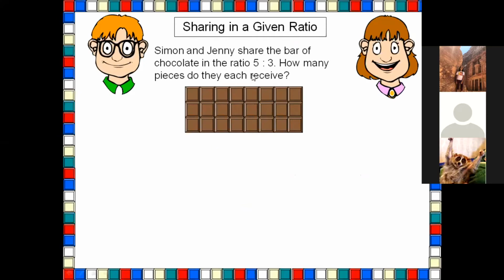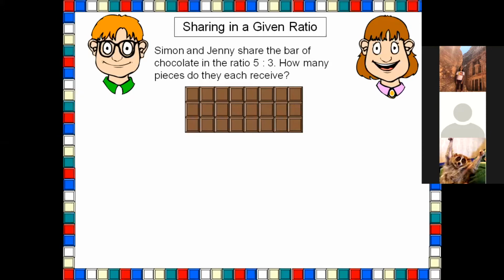Where did that ratio come from? Sometimes it's related to their ages, sometimes it's related to how much they pay for the bar of chocolate. It doesn't matter where it comes from if you already have it in the question. So here we have it, 5 to 3, and the bar of chocolate.